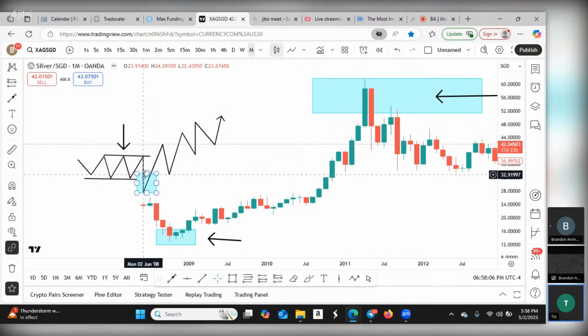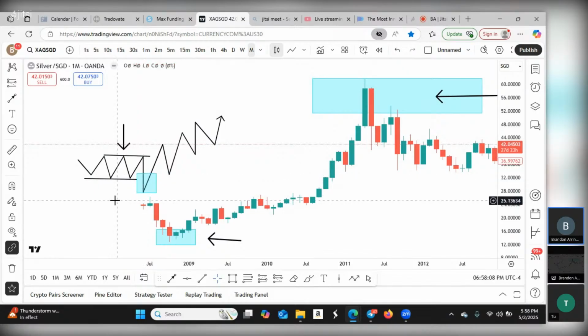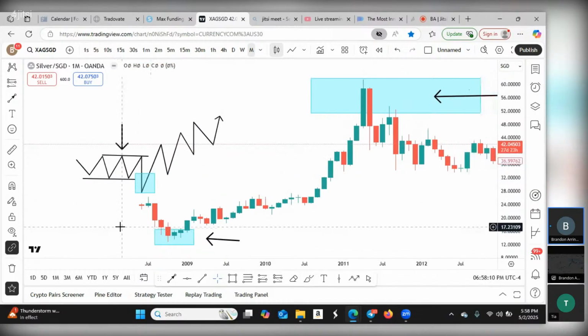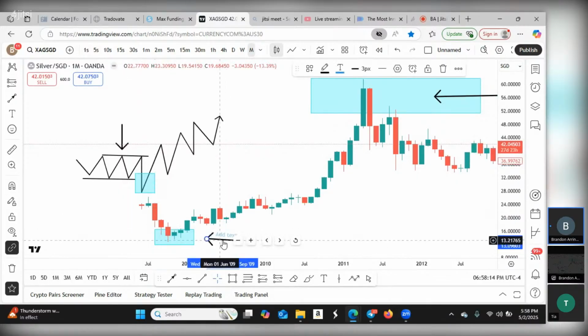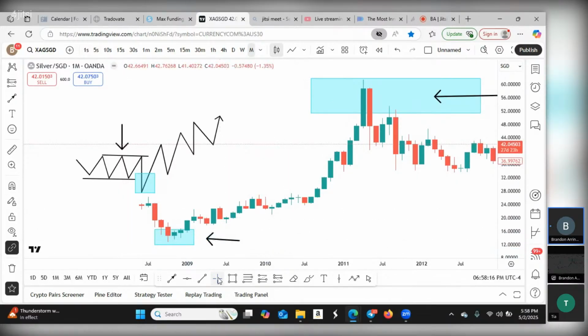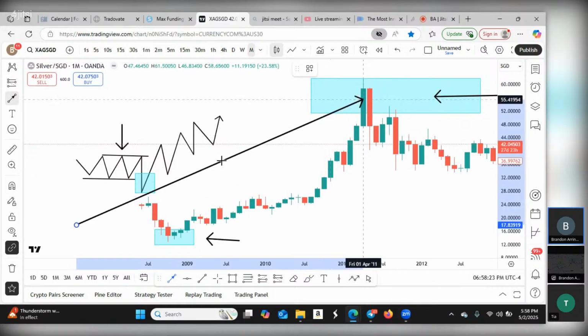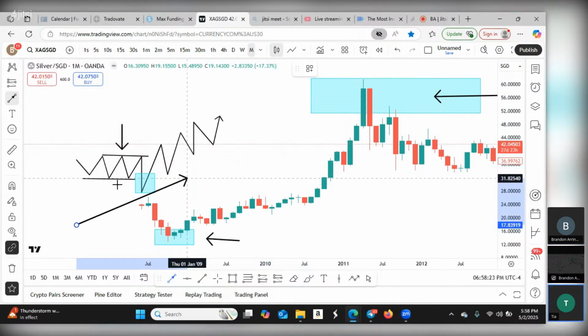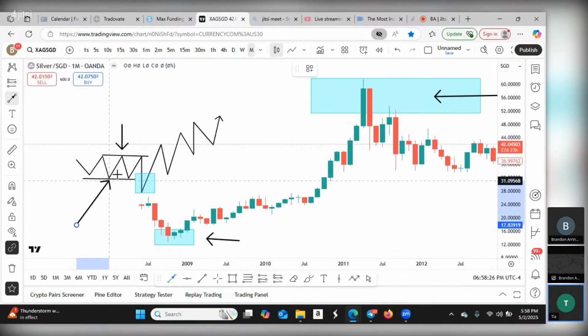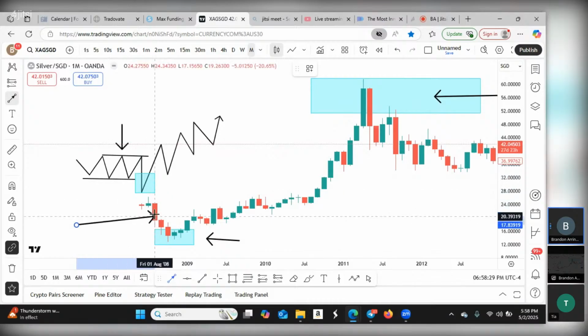So the name of the game for the algorithm, the big money, is trying to get as many people as they can on the wrong side of the move. If price is at a discount, like how they say buy low and sell high, everybody else in accumulation, just because they see these three red candles going down, is selling at a discount.